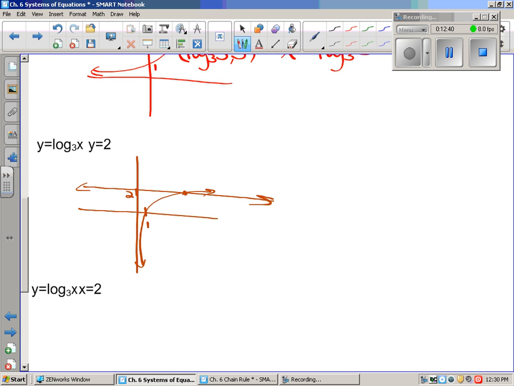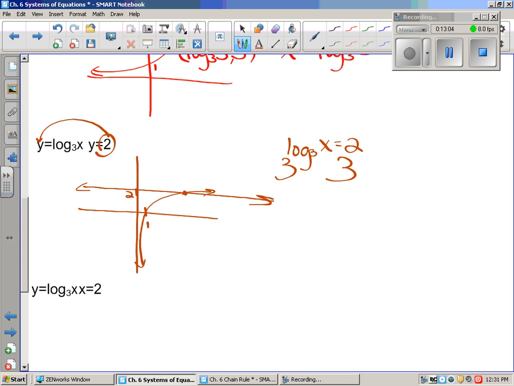But we've got some point of intersection, so we've got to be able to find that. Similar to before, in place of y, we're going to put that 2. And we know that logs are exponents. Or by looking at our inverse chapter, how do you get rid of log base 3? You 3 it, right?